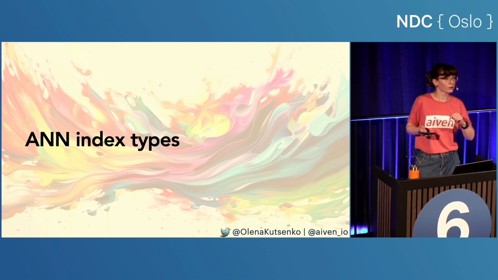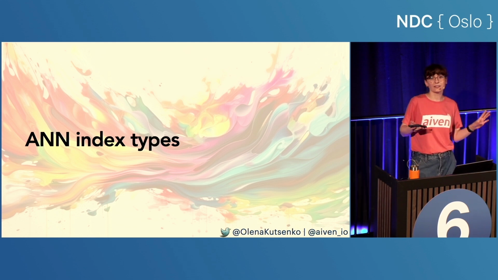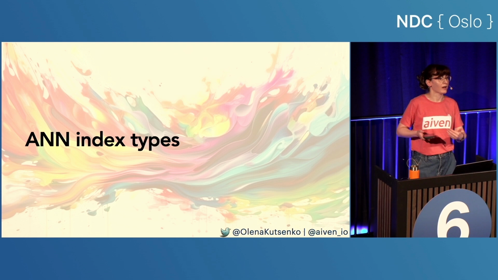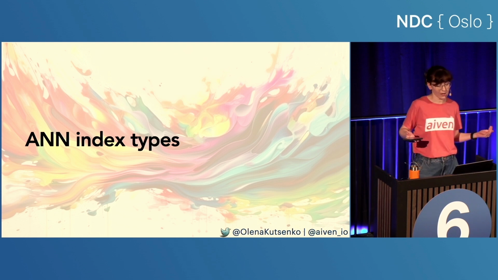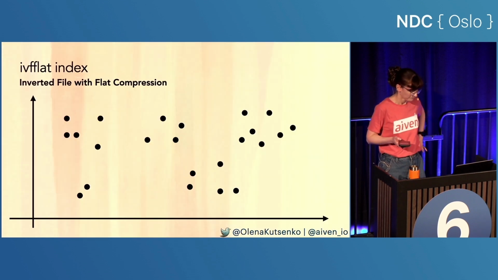So let's look at their pros and cons, and also understand how exactly in vector search we are using indexes and how we aim at speeding up the search, because those indexes work somewhat differently from a usual index which you will see in Postgres.